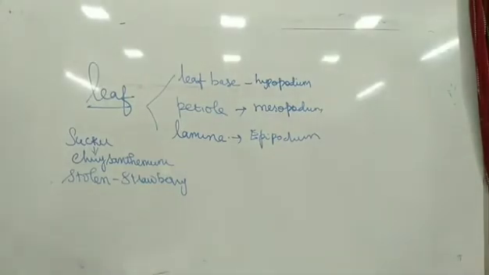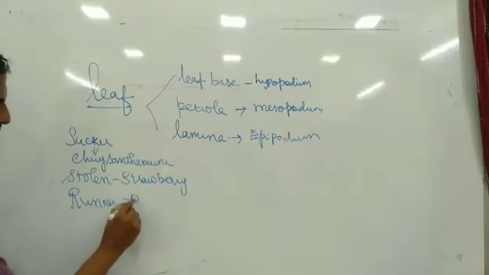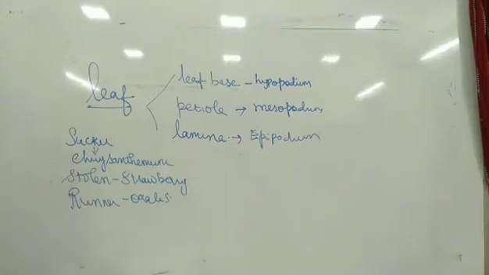And runner, you know that, oxalis. Already I said offset is Eichhornia, Pistia, the example for this one. Sucker, chrysanthemum; stolon for strawberry; runner for oxalis.